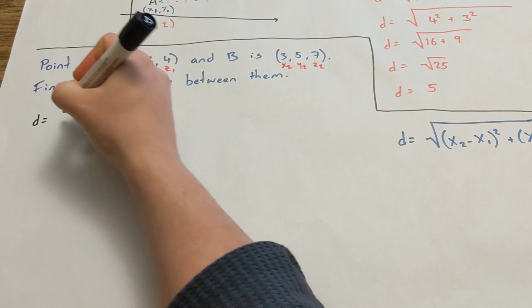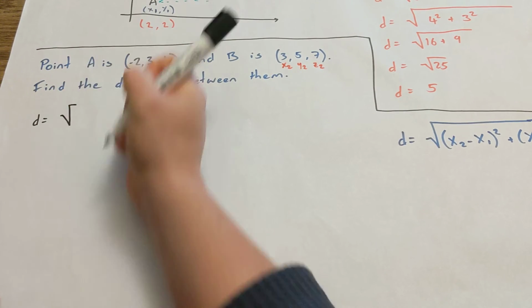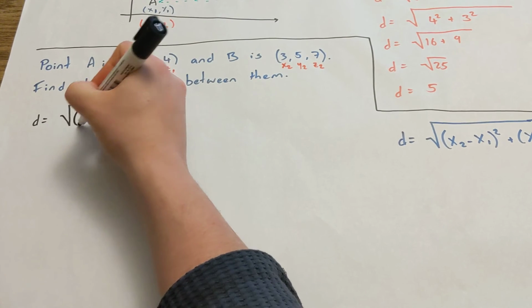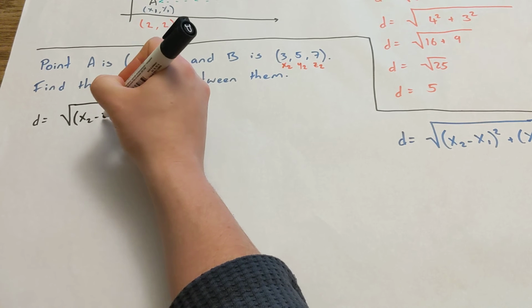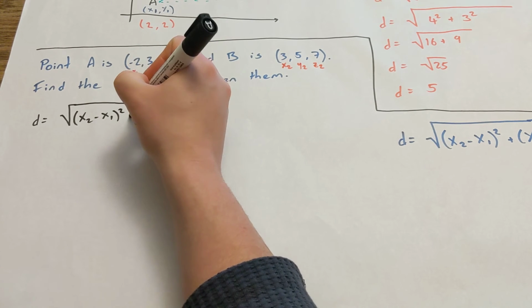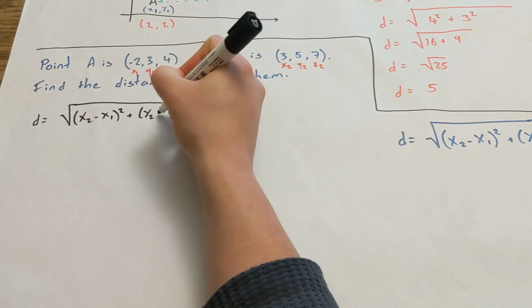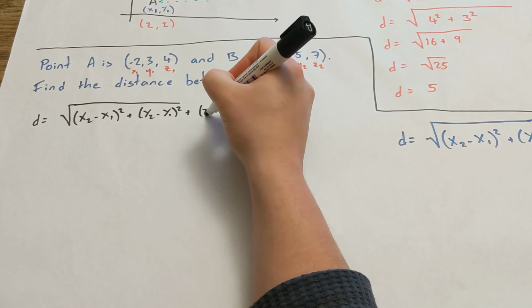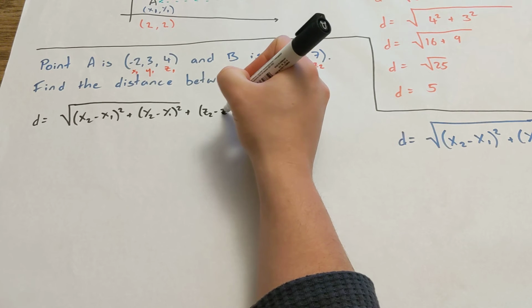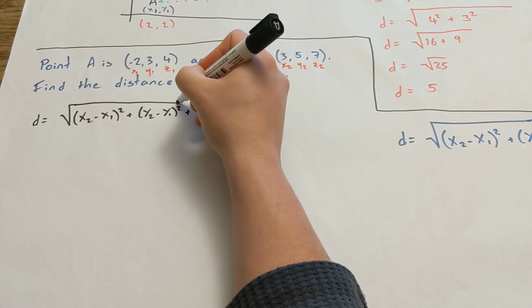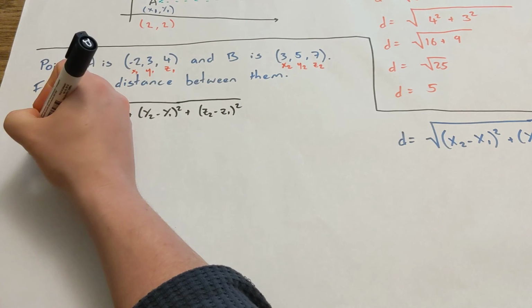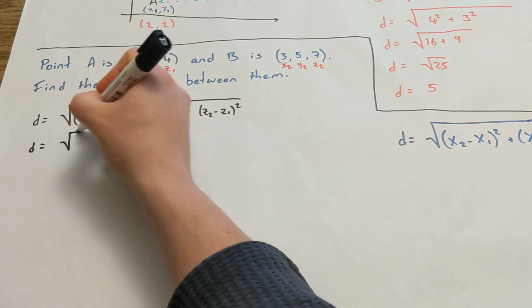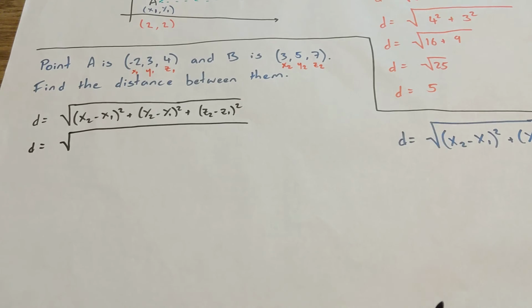Distance equals the square root, can we see this? Yeah, we can. The square root of x2 minus x1 squared plus y2 minus y1 squared plus z2 minus z1 squared. And let's sub in. Simple as that. Sub in the information from the question that we've already labelled.